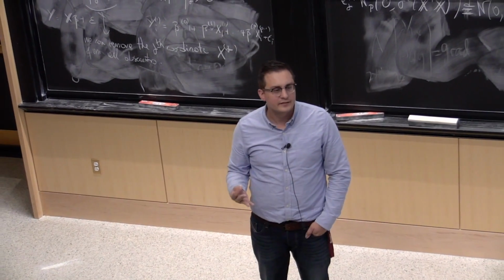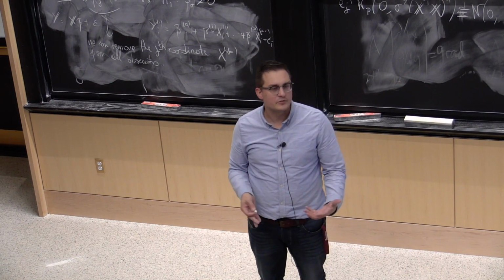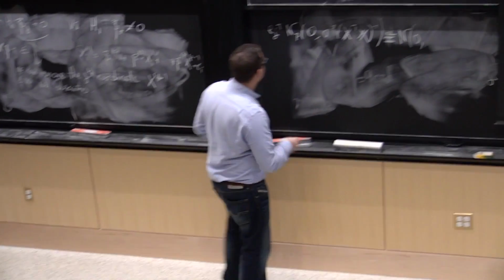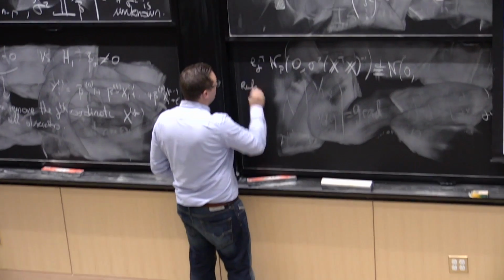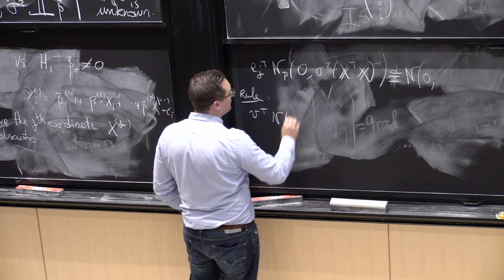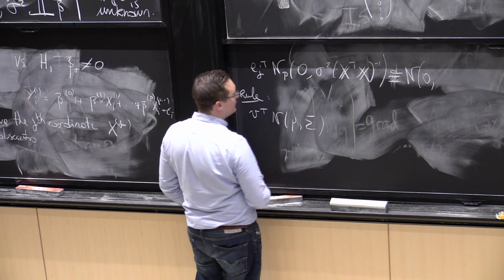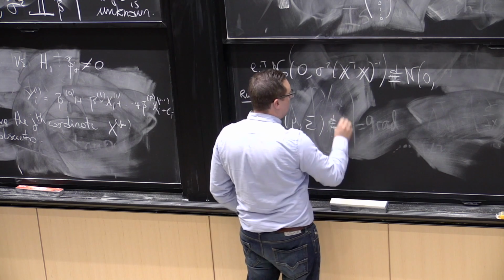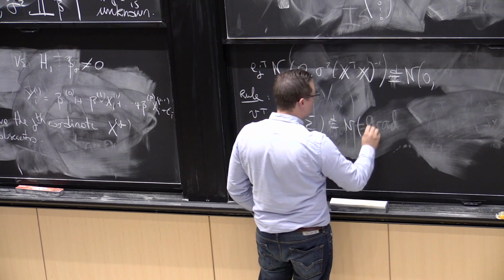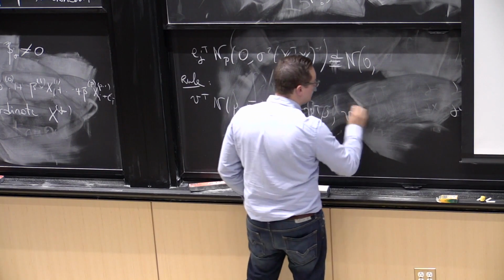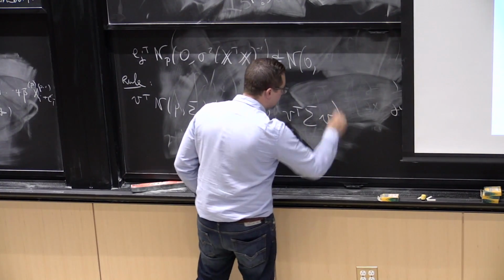We actually used this, except that ej was not a vector, but it was a matrix, right? So the rule is that V transpose times N(mu, sigma) is N(V transpose mu, V transpose sigma V), right?